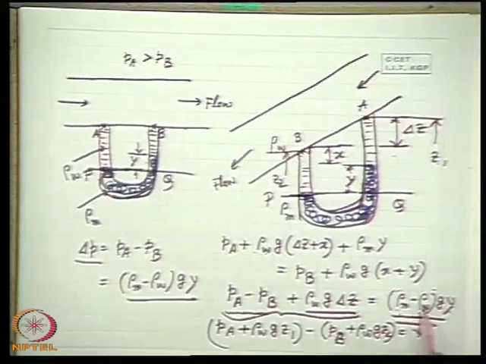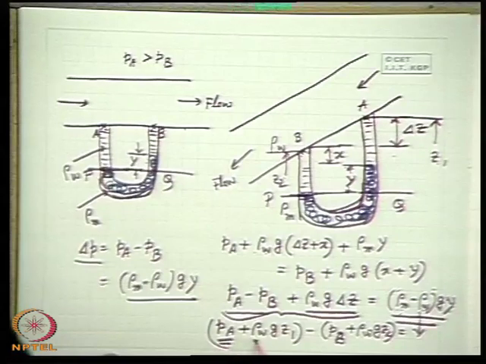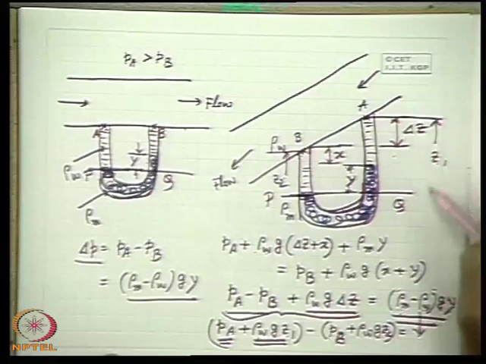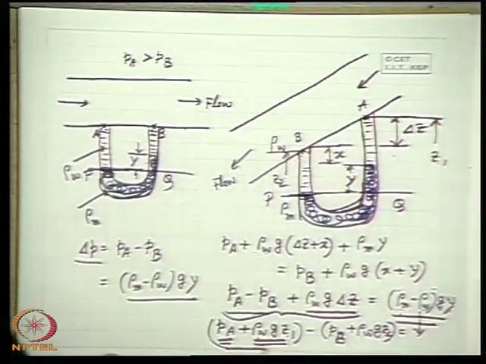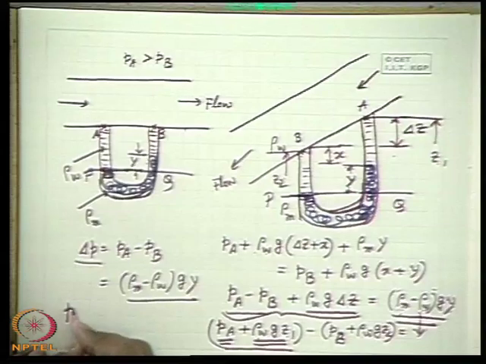So therefore we see this manometer deflection multiplied by the difference of density into acceleration due to gravity gives the difference of static pressure plus some term which is rho g Z1, where Z1 is the elevation of that point from a reference datum. So this term is known as P star, that is piezometric pressure.